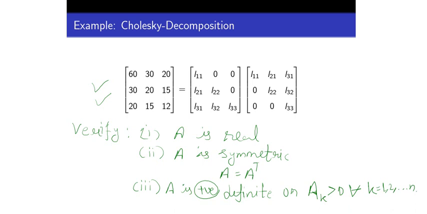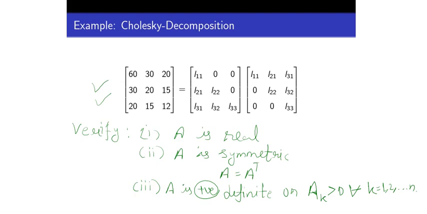Okay, right. So it's very clear from the matrix that A is real. Yes, A is symmetric. You can verify this, A equals A transpose. That is very easy to verify. The third thing is A is positive definite, or A_k is greater than 0. So you can verify one by one.